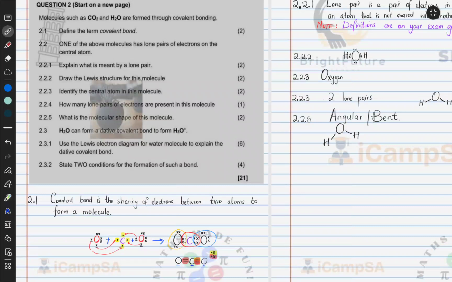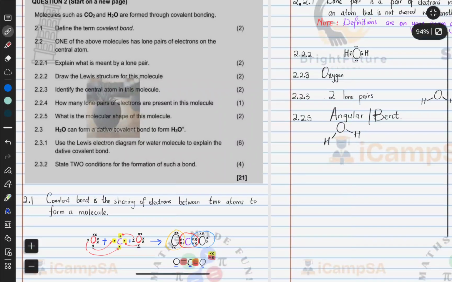So the way I think about a dative covalent bond, especially in this example, is that you have a case where the lone pair is participating in the covalent bond. But the reason it's participating is that when the bonding atom came, it had nothing to offer.